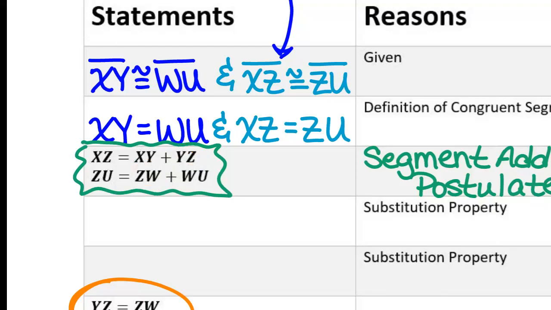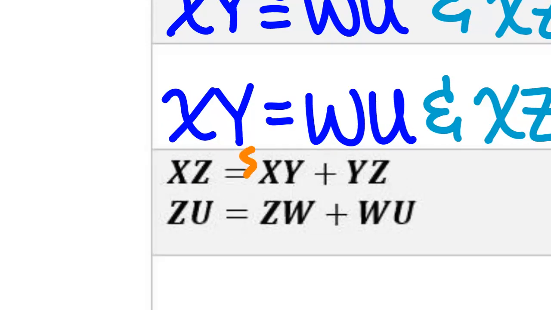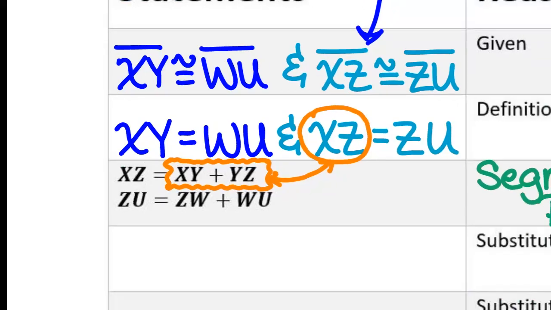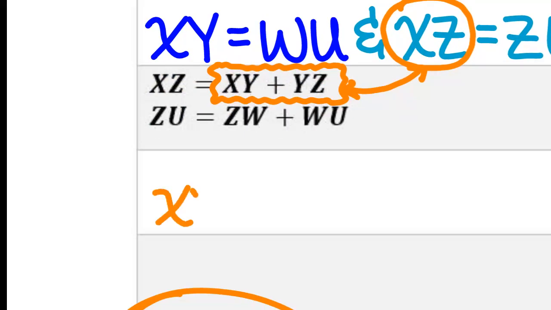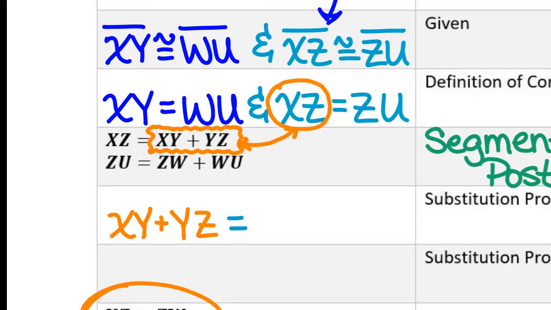All right, so let's look. I know that XY plus YZ, this side of the equal sign, is the same size as what? XZ. So I could replace XZ in this equation right here from step 2 with XY plus YZ. Drop my equal sign down. Can I do another similar replacement?